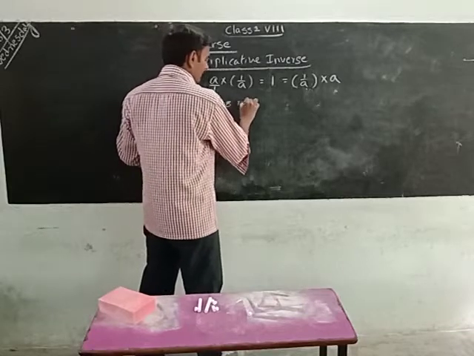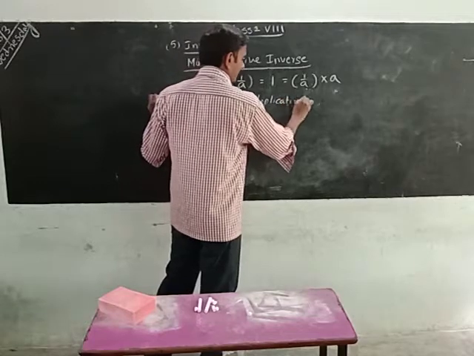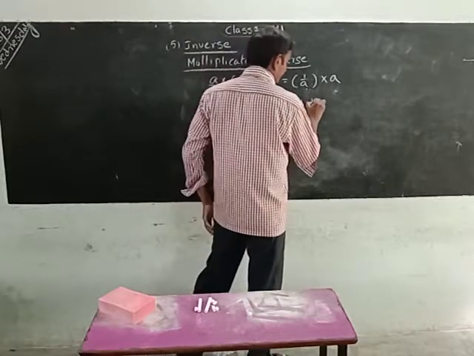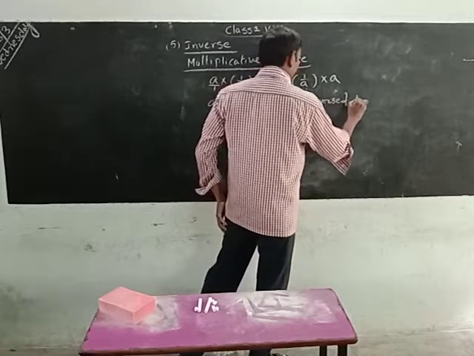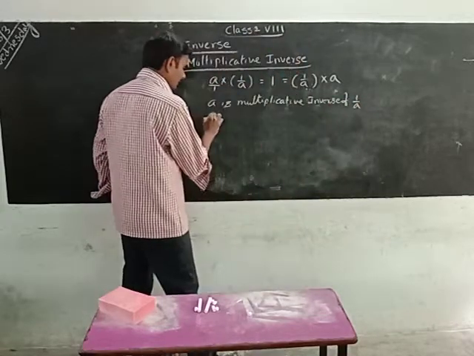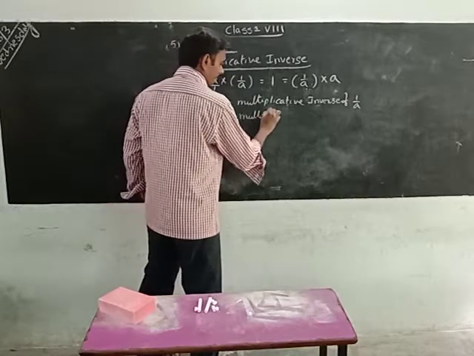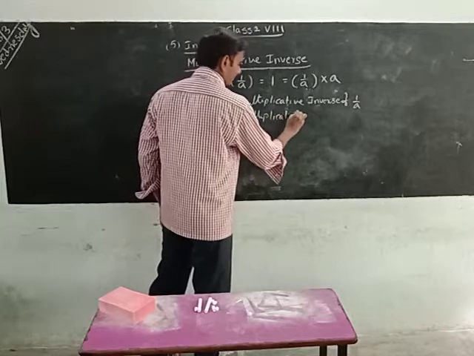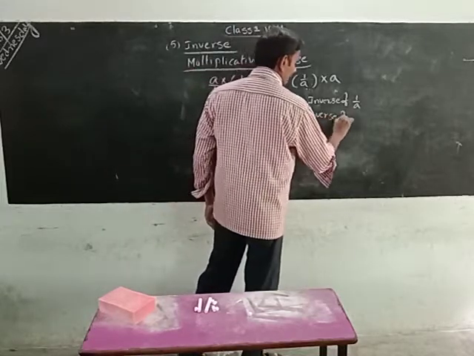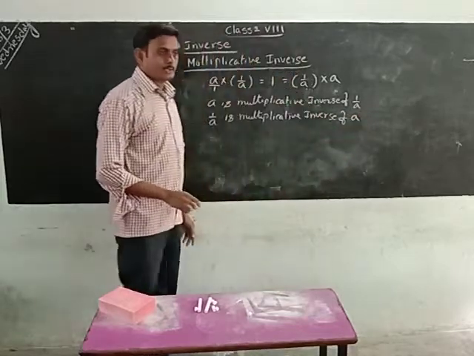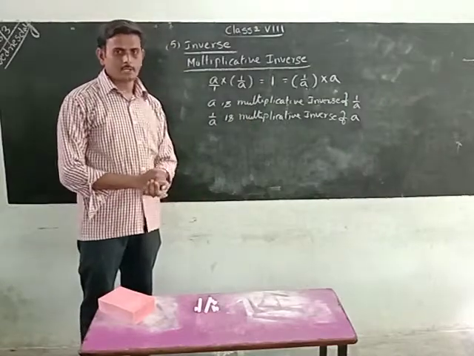A is the multiplicative inverse of 1 by a, and 1 by a is the multiplicative inverse of a.